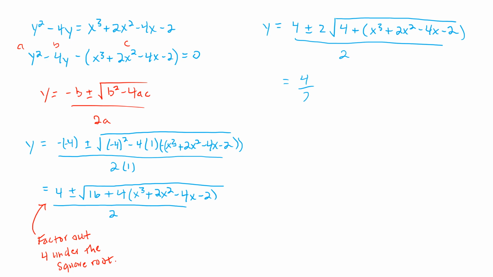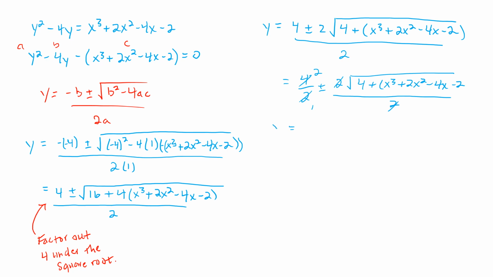So I did 4 divided by 2 plus or minus 2 square root 4 plus x cubed plus 2x squared minus 4x minus 2 all over 2. That way, when I simplify this, I get 2, and then these cancel.